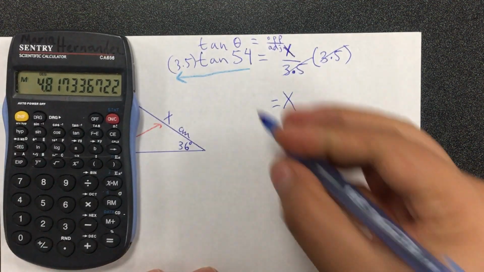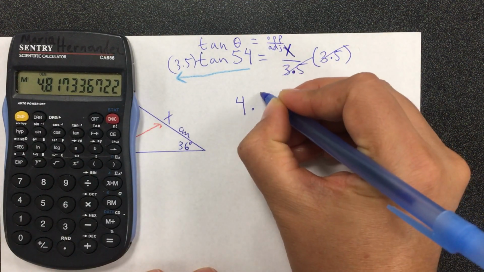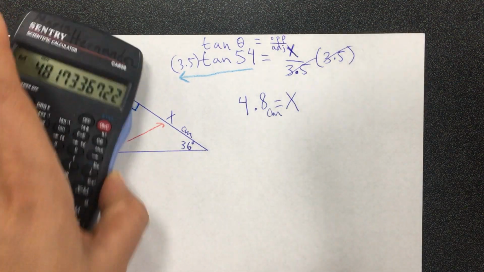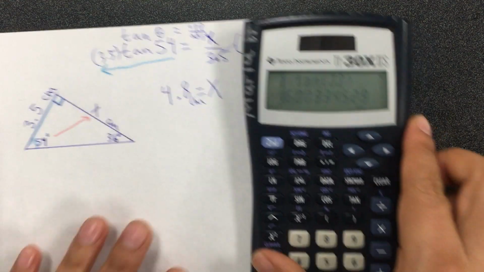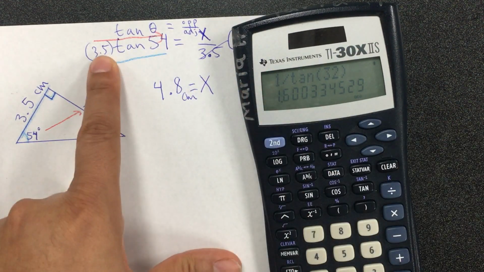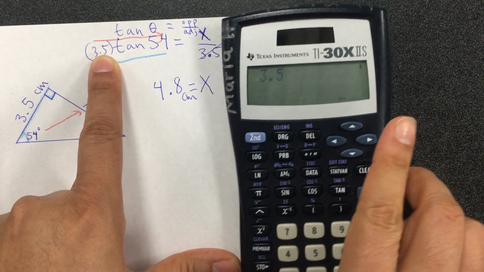So the answer is 4.8 centimeters. With the other calculator, it's going forward. So it's 3.5.